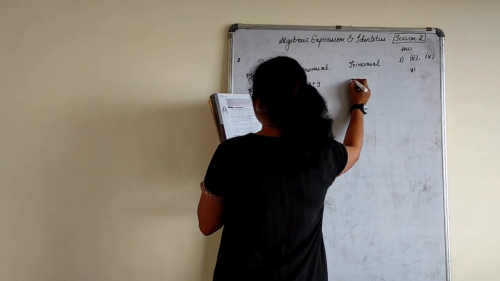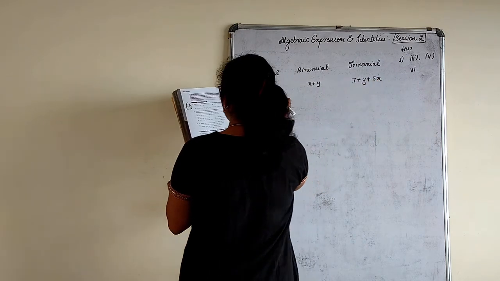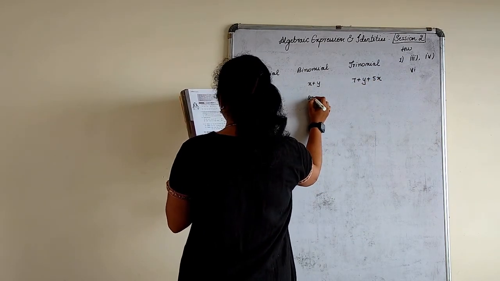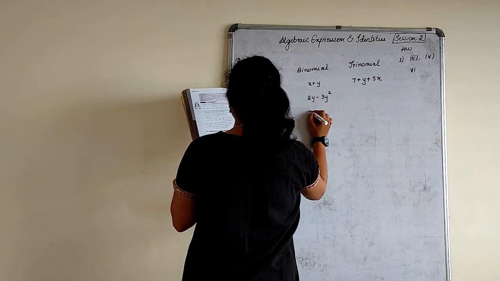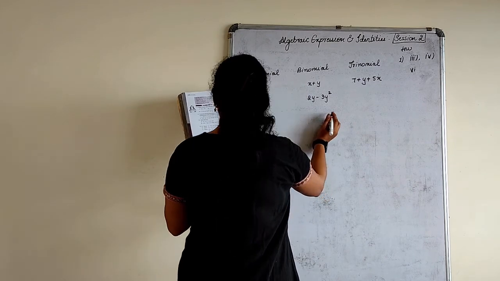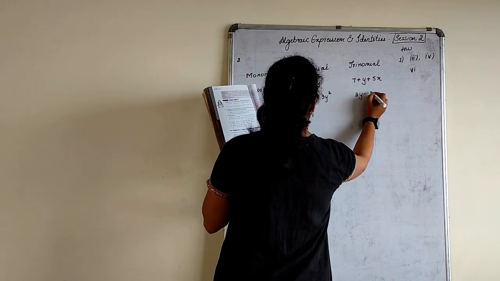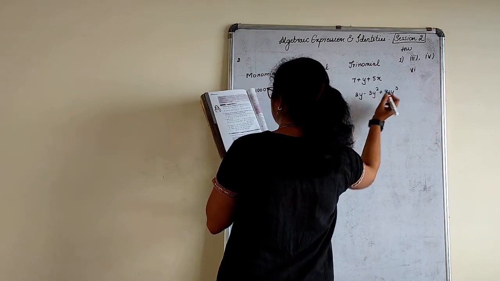7 plus 9 plus 5x. Next is 2y minus 3y square. Next is 2y minus 3y square plus 4y cube.